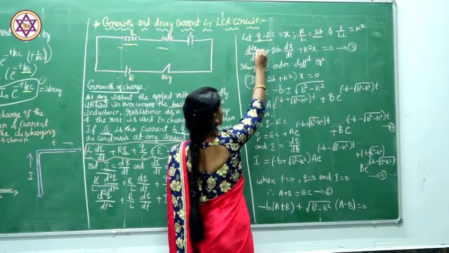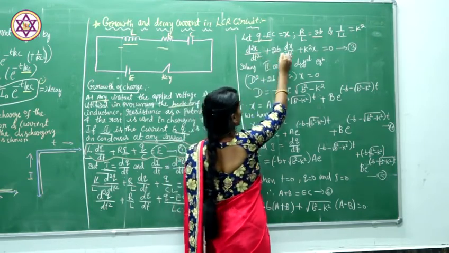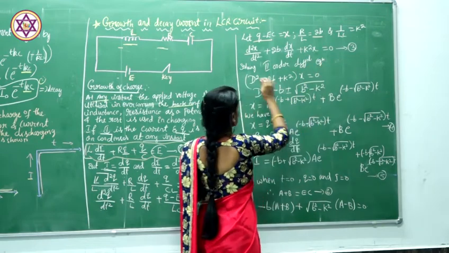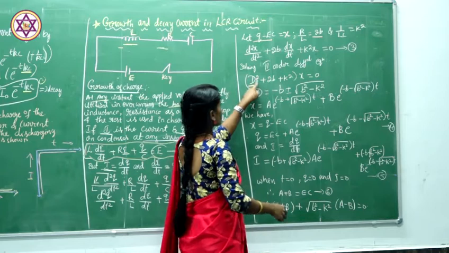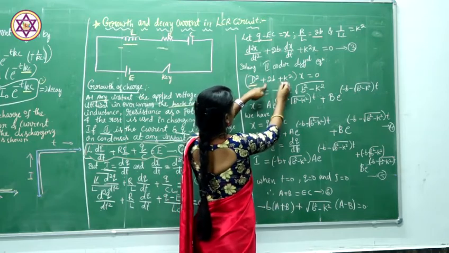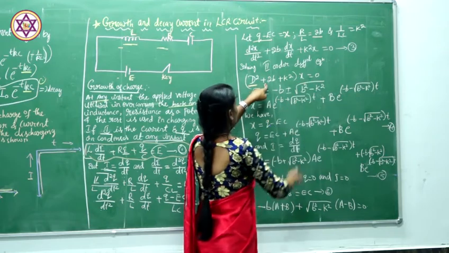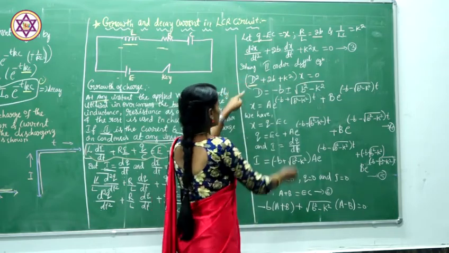d²x/dt² + 2b dx/dt + k²x = 0. Here we can write it as (D² + 2bD + k²)x = 0.